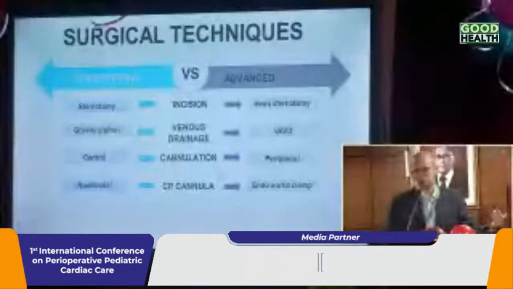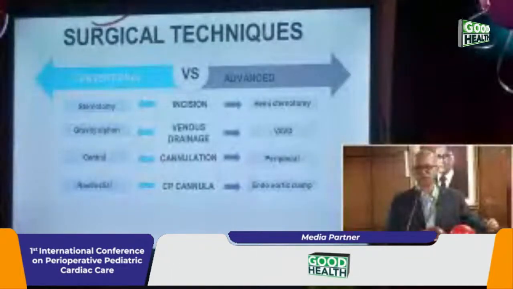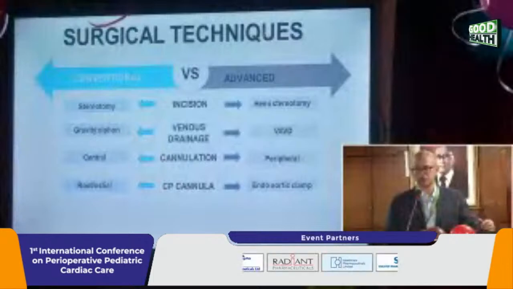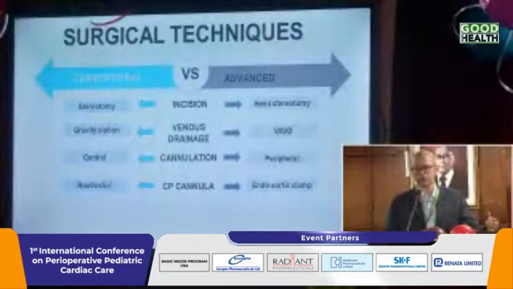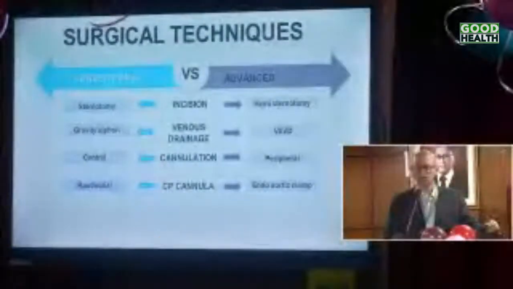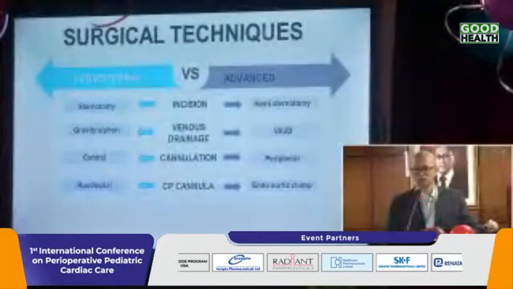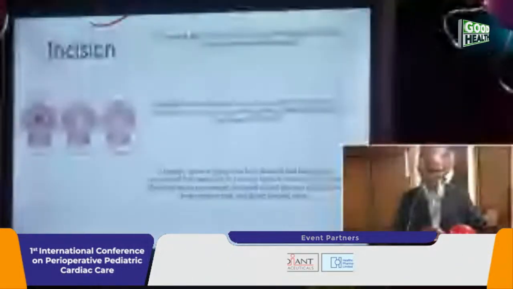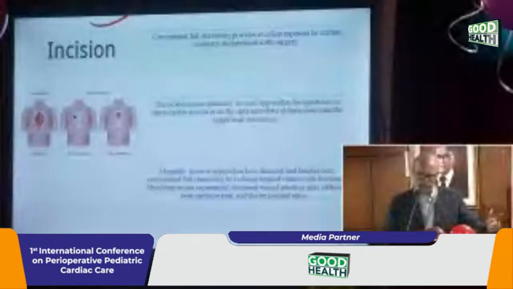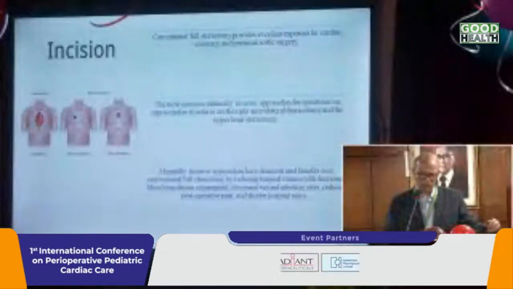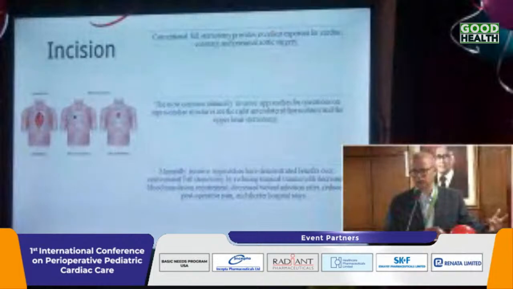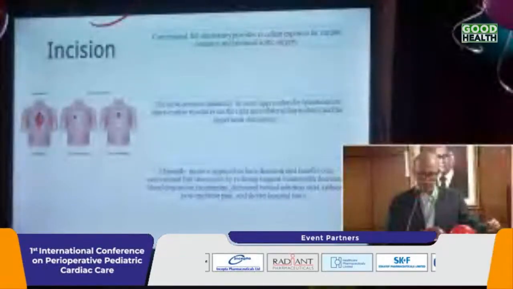So cost matters, because we are in a country where we usually get economically and financially backward people, so we may not be able to use these expensive gadgets. The incision, as I told you, is either conventional, a full sternotomy, or in the mix it can be done in various ways, either an anterolateral thoracotomy or a hemisternotomy for various procedures.